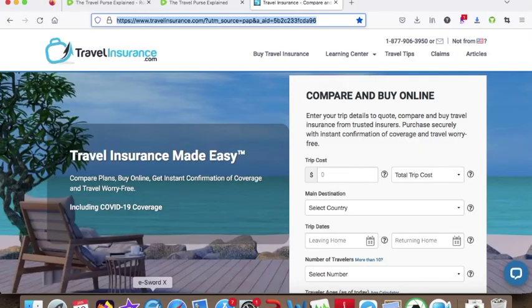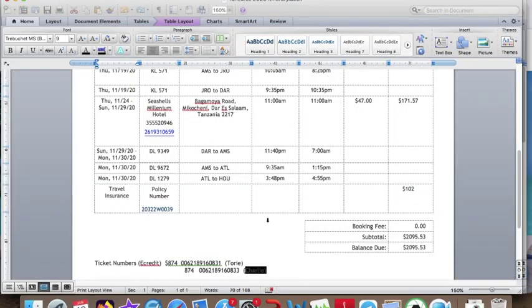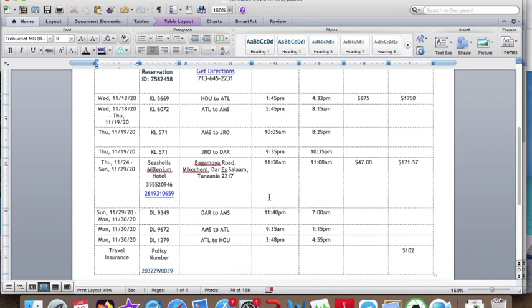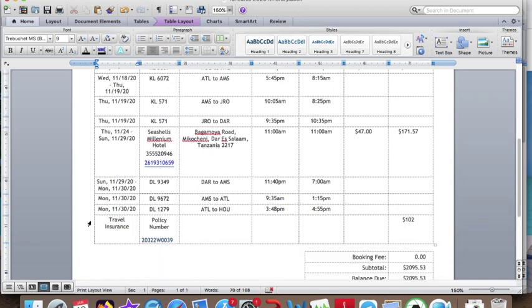Now, we first want to make sure everything that we're wanting is something that's coverable. So our flight is coverable. Now, what you would have to do, because this was my travel insurance policy number and the travel insurance, I would have to take out the $102 because they're not going to reimburse you for your policy.